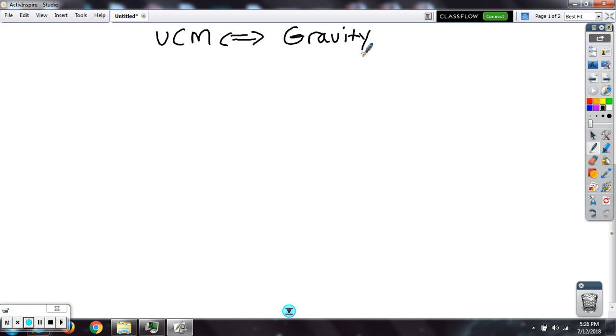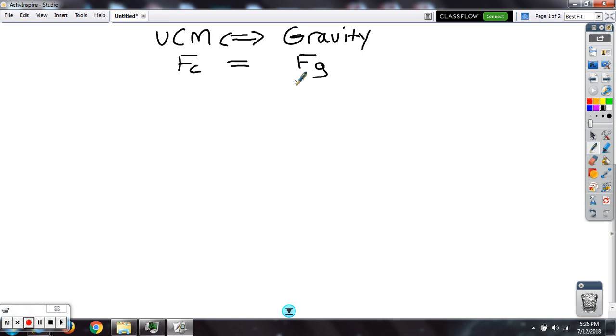And so we started off with saying that the centripetal force for any satellite, which is an object moving around a bigger object, like the Earth going around the Sun, or an artificial satellite going around the Earth, or the Moon going around the Earth, that the centripetal force, the inward seeking force pulling the object towards the center, is gravity.